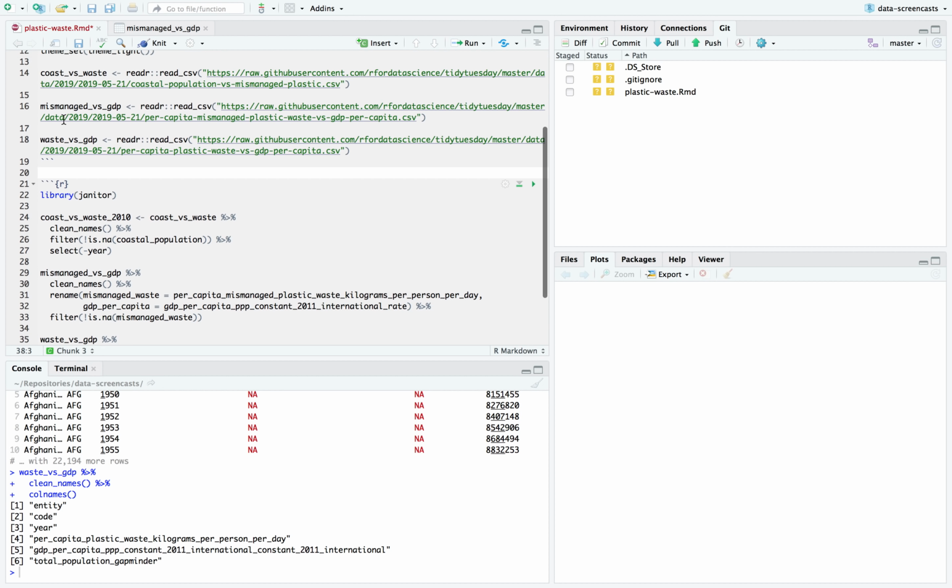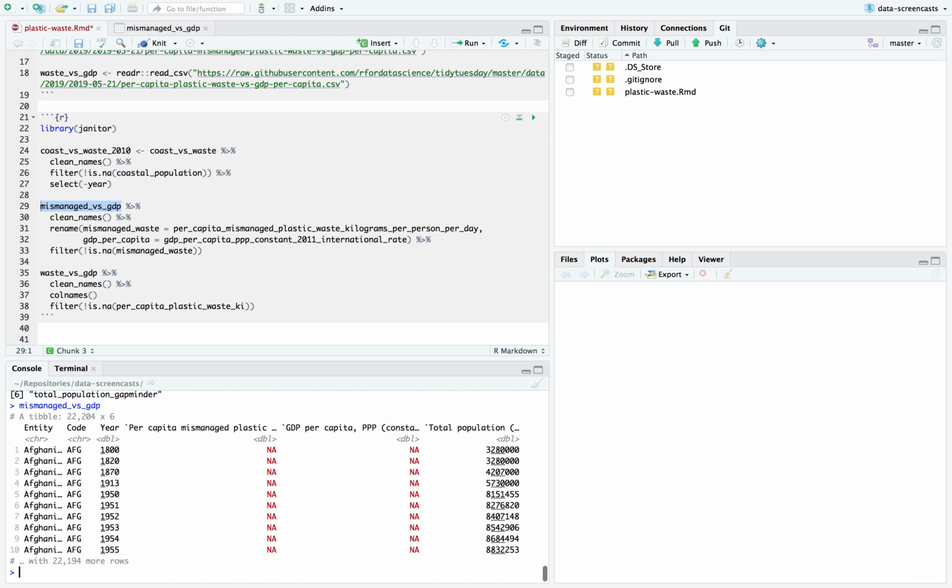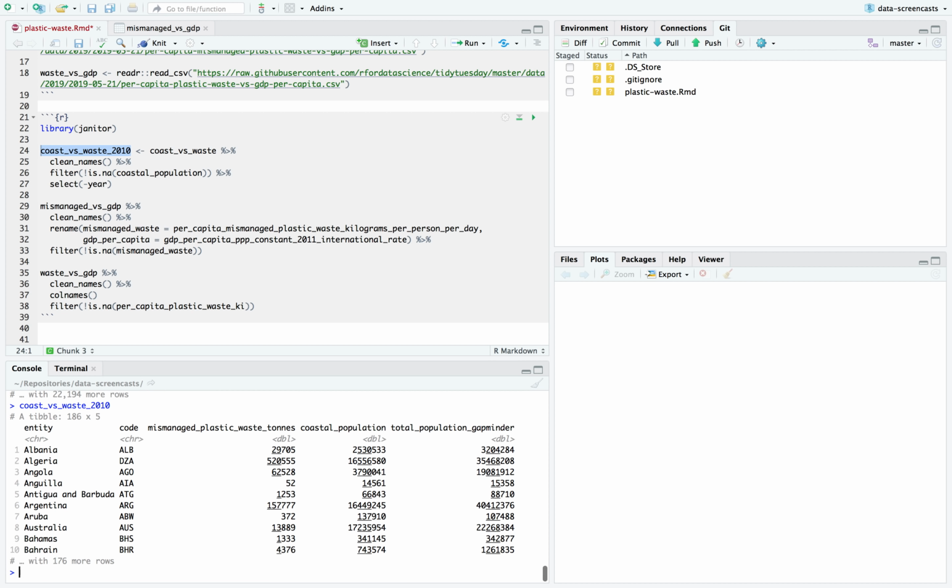Oh, I already looked. Did I look at? No, I didn't look at this. Waste versus GDP. So this is waste versus GDP. This is mismanaged versus GDP. And what was this one? All right. Here's what I'm learning in this process. We actually only have a handful of metrics that we're pulling in here.